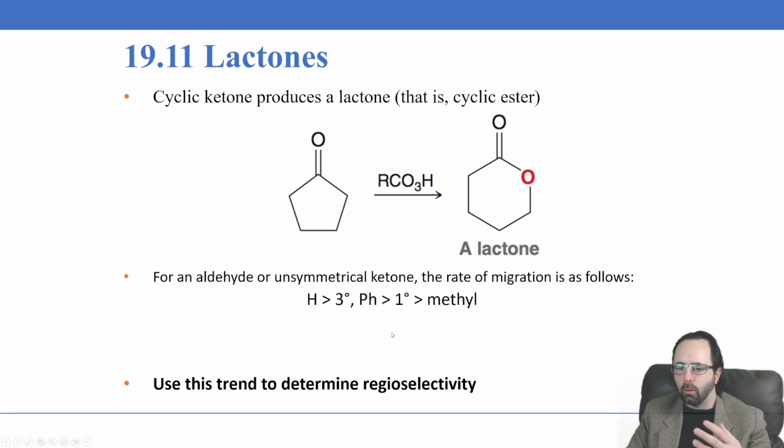And to decide that, we're going to base this on a pattern: hydrogens will be the easiest to move over. The way I remember that is that hydride shifts are very easy. For example, hydrogen atoms moving over in close proximity like that is not as difficult. And then we have a pattern that's related to stabilizing any potential positive charge in the transition state, which goes best on tertiary or a phenyl group, followed by primary, and methyl being the lowest rate of migration.